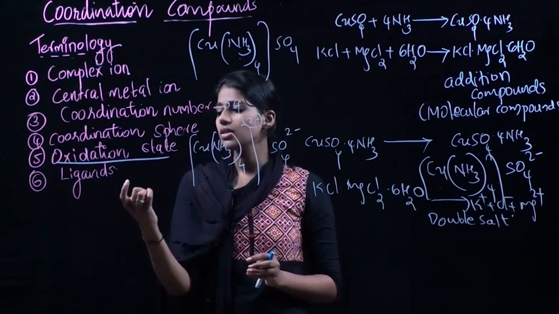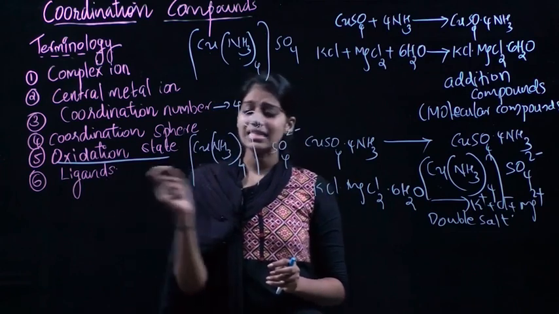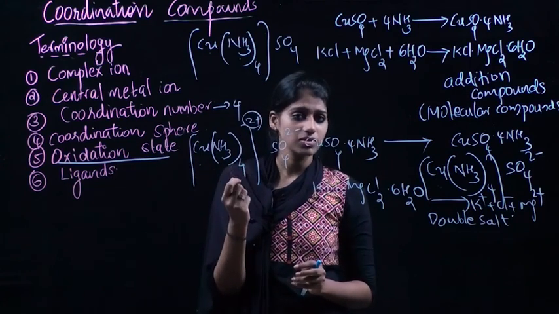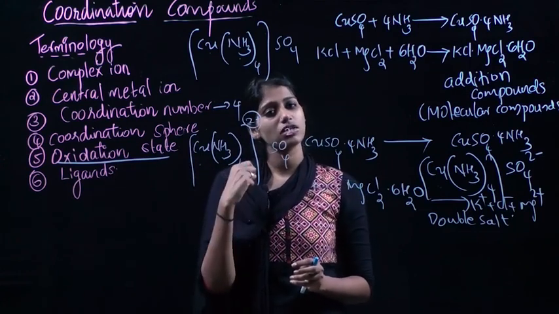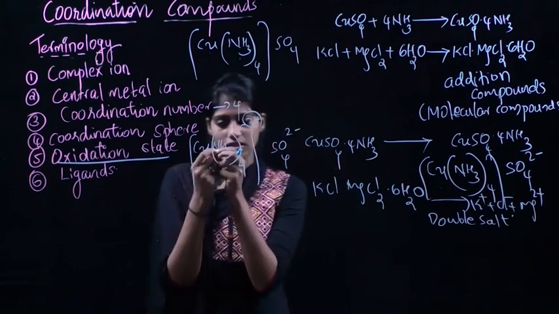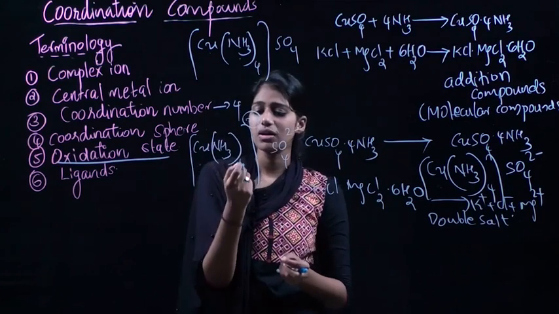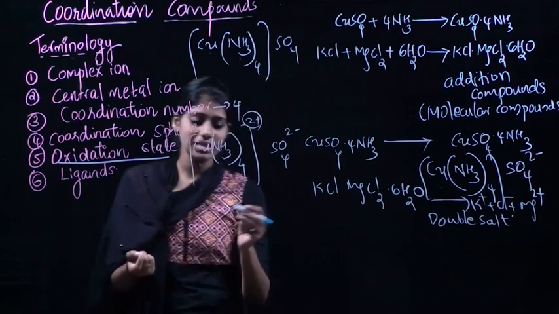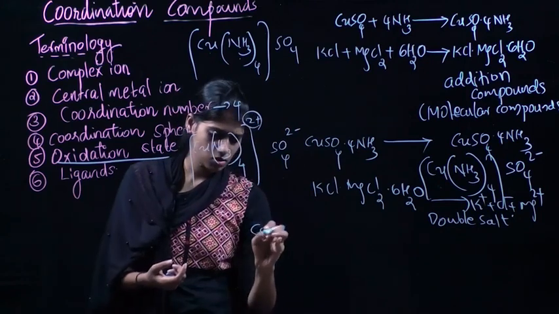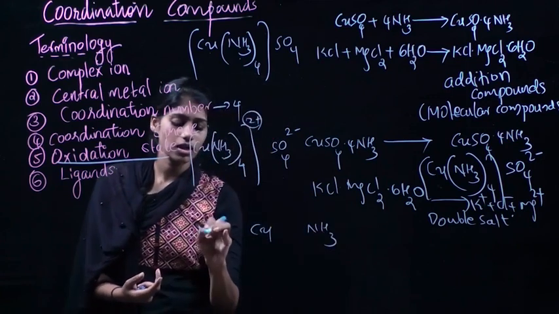The last terminology used in coordination complexes is the ligand. A ligand is an electron-rich species which is able to donate electrons to the vacant orbitals of the central metal atom. When you consider this coordination sphere, [Cu(NH3)4]2+, 4 ligands are surrounding copper. Let us consider copper at the center and you have 4 ligands surrounding the copper.